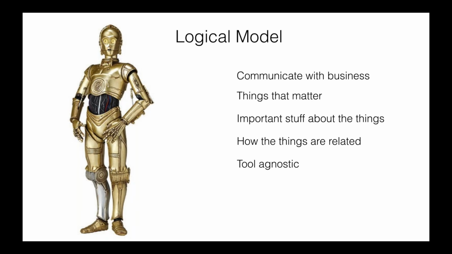These are the attributes for those entities. And it also captures how these things are related to other entities. This helps describe the entities themselves and how they interact. An important thing to remember is that logical models are in no way dependent on how the solution is going to be implemented.